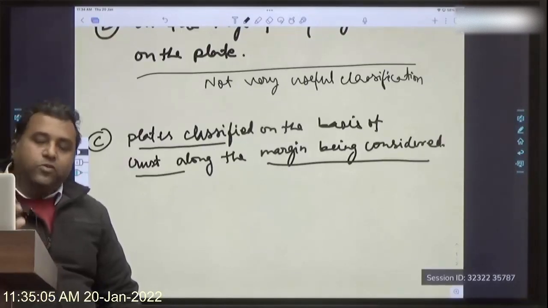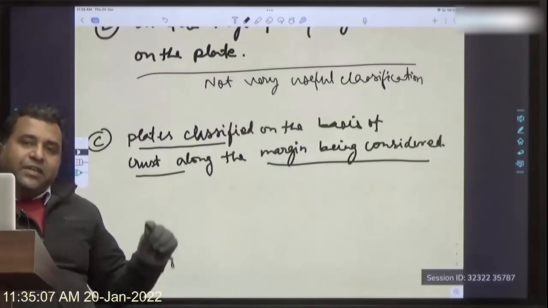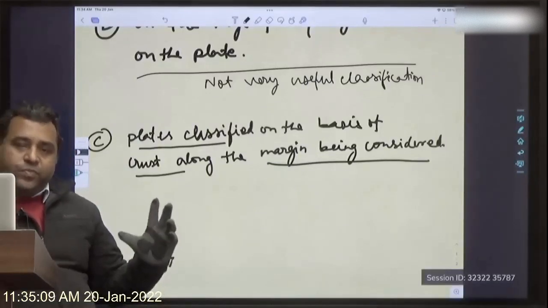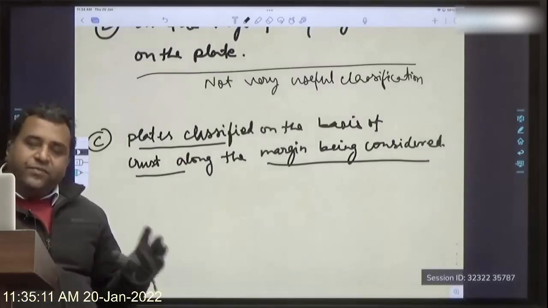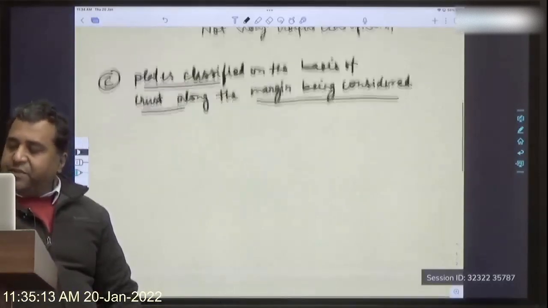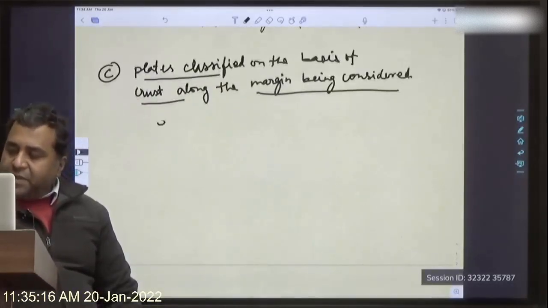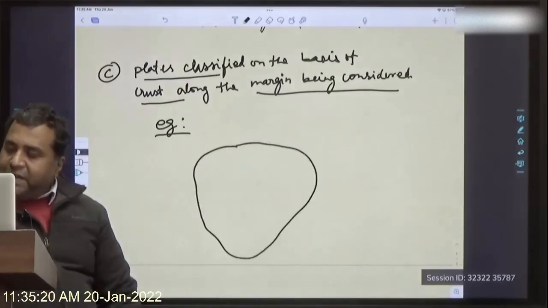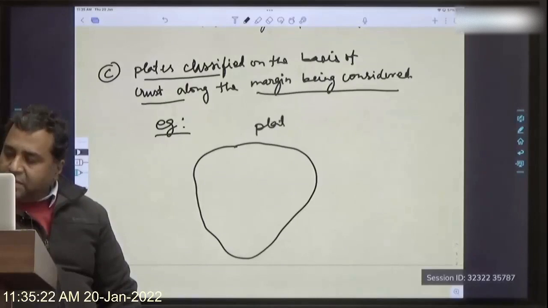Now we know there are two types of crust, oceanic crust and continental crust. So based on the margin being considered, we have to see which type of crust is there. For example, now please see what I mean. If I have a plate like this, then obviously this is the margin of the plate. Everyone understands margin, right?